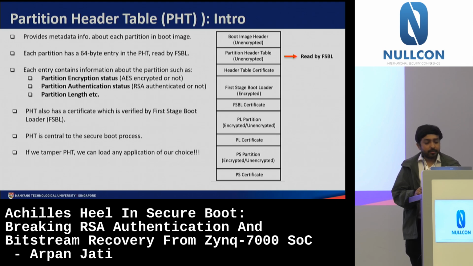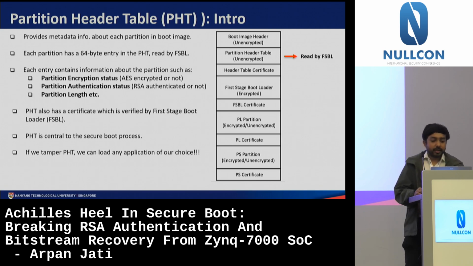But the next part, the partition header table, contains information which can be used to perform attacks, and as a result it is signed by the certificate. The whole idea is that if we attack the partition header table in some way, we can basically run anything on the chip and do the attack.